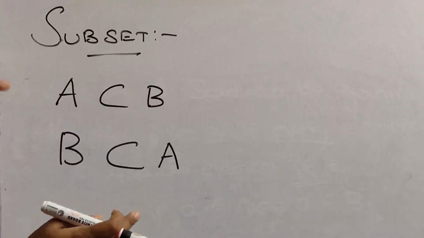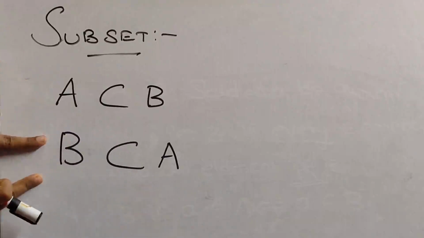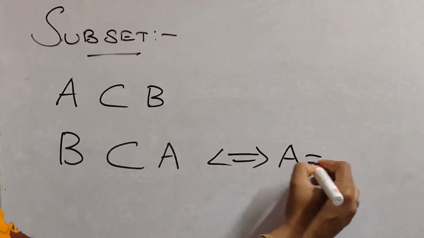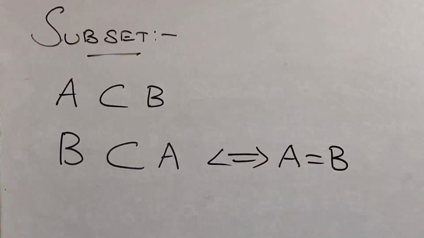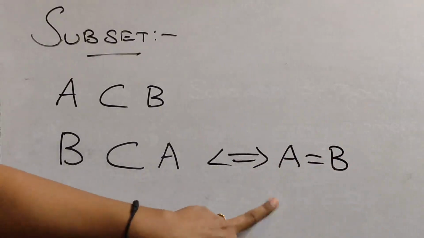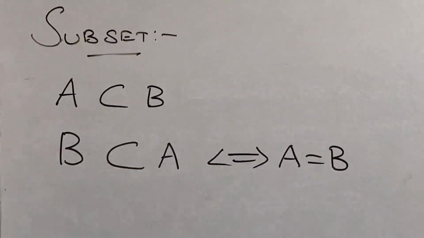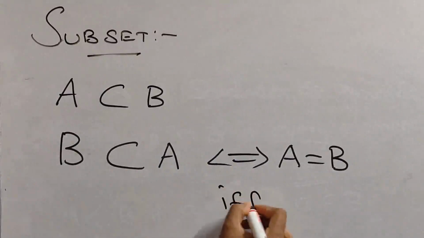So that we have A is a subset of B and B is a subset of A. The two-way implications. A is equal to B. Where this symbol stands for two-way implication, and usually we will read it as if and only if, IFF.